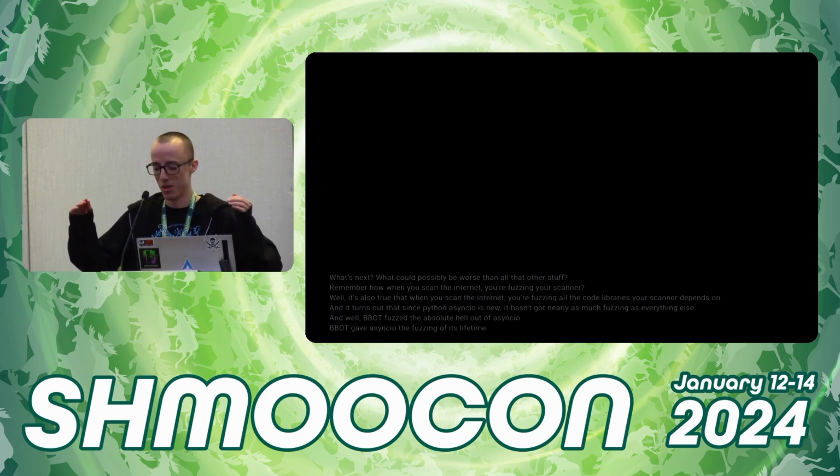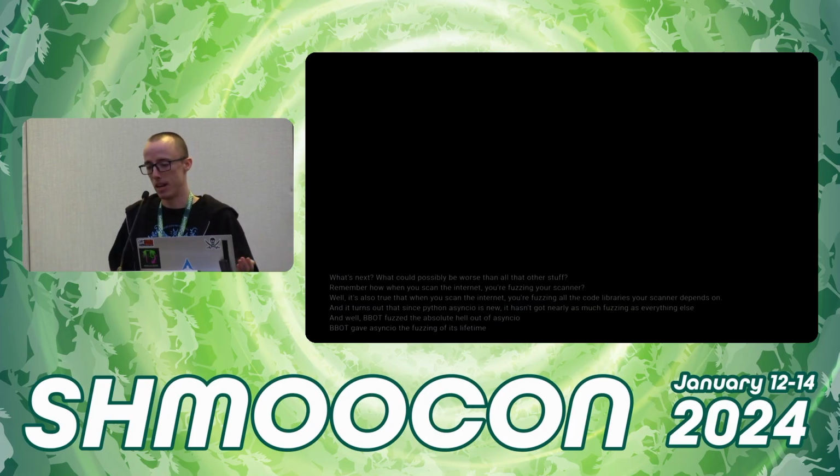Because when you run a BBOT scan on a large target, BBOT will easily make like 10 million DNS requests over the course of that scan. During that time, you're going to find all those weird edge cases. Maybe you handled them, but maybe your underlying code libraries still have difficulty with them.